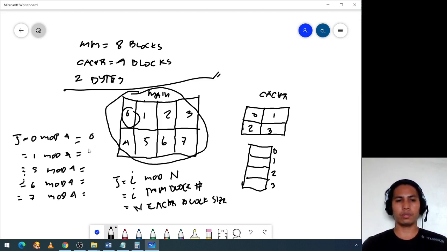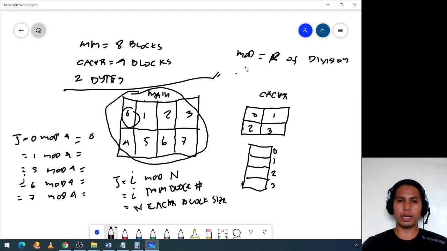0. Do you know how modulo works? Modulo, or mod, is the remainder of division.